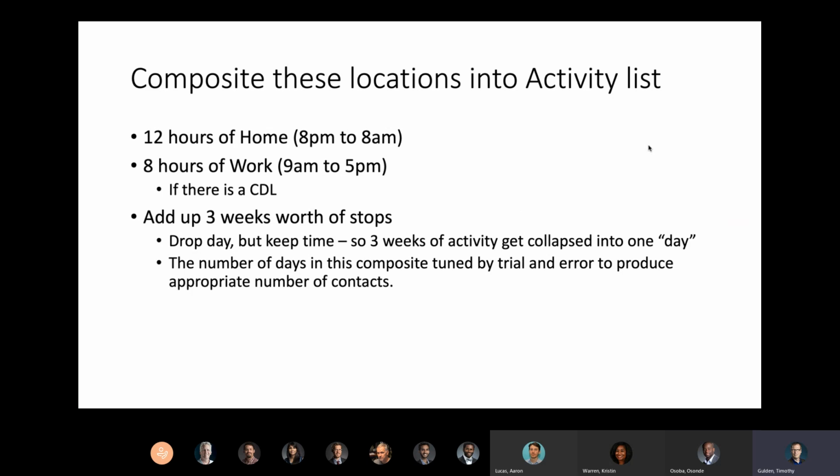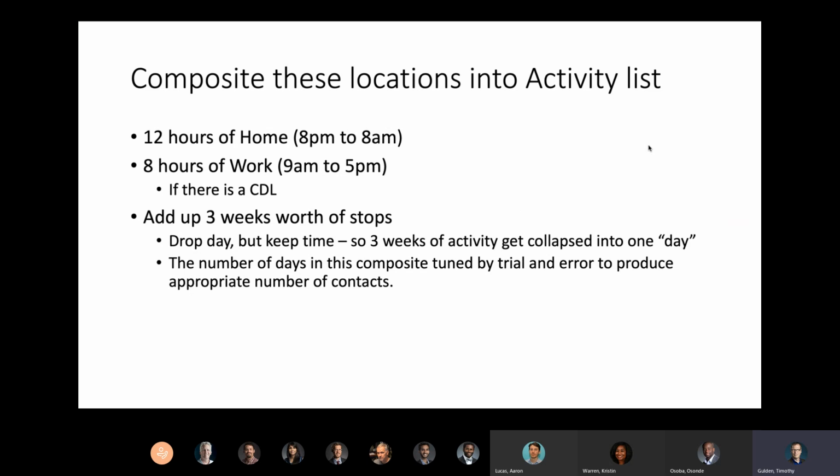How do we estimate a realistic amount of activity? Here's where we use the synthetic data as a reference. We know that we have a little more than 10 times as many contacts as we have people during a typical day in the synthetic data.